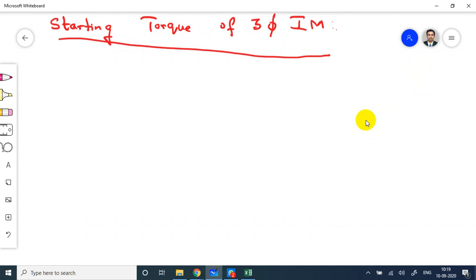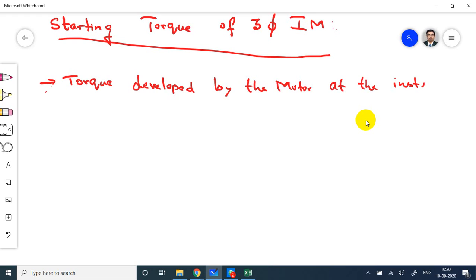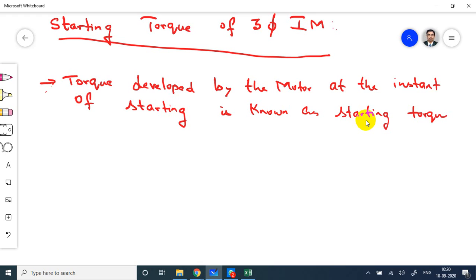The torque developed by the motor at the instant of starting is known as starting torque.